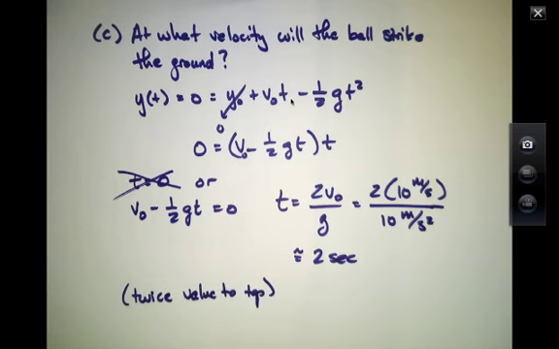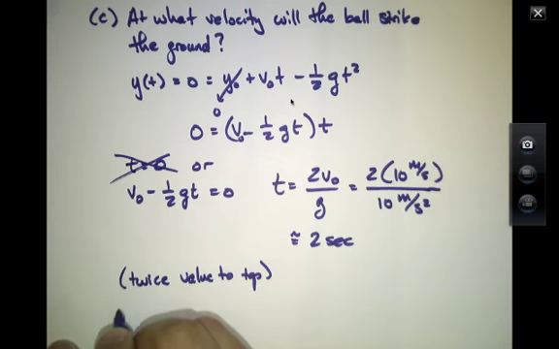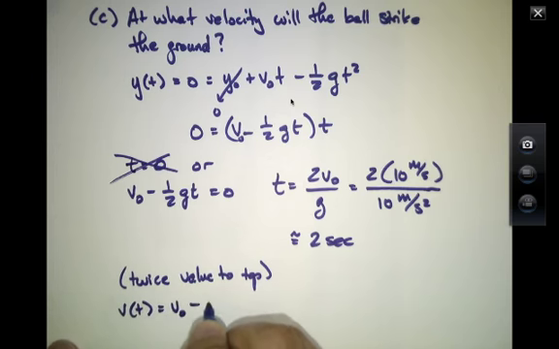And that's not surprising. The ball's trajectory is symmetric. It takes a certain amount of time to go up and a certain time to come back down again. And then we want to ask, what was the velocity when it strikes the ground? Well, at that time of 2 seconds, I just again insert into this expression v of t is v naught minus gt.